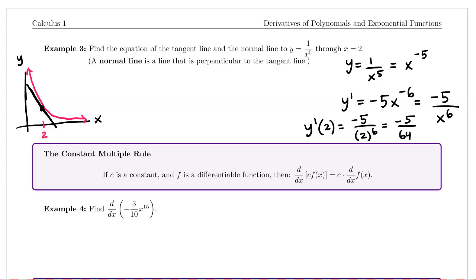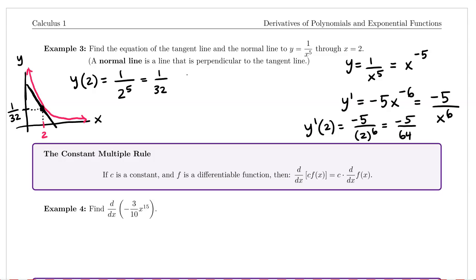Now, the other thing I need is a y-coordinate on my function graph for when x equals 2. So in my original function, not y prime, but y, I'm going to evaluate y of 2. That's going to be 1 over 2 to the 5th power, which is equal to 1 over 32. So this y value right here is 1 over 32, and the x value is positive 2.